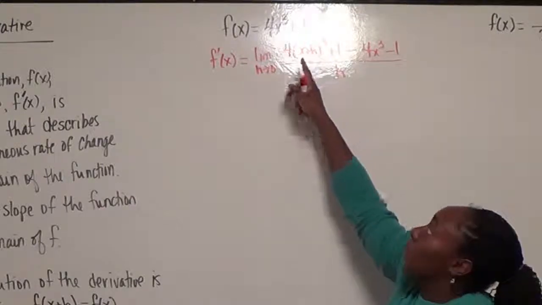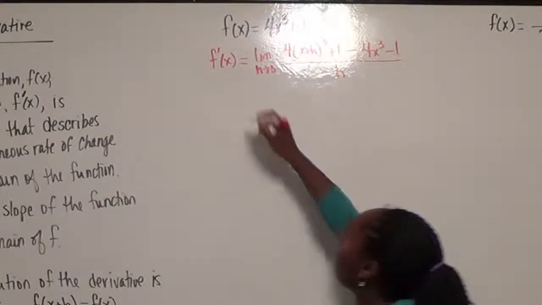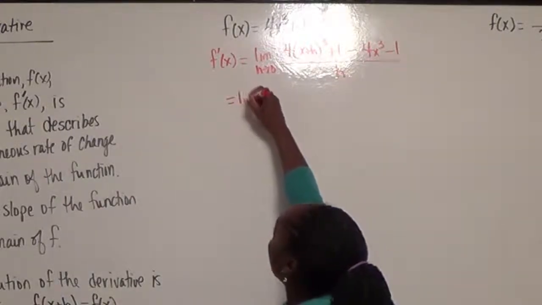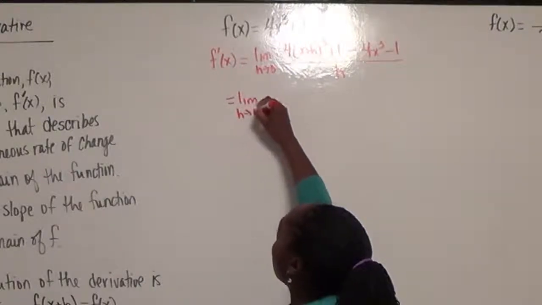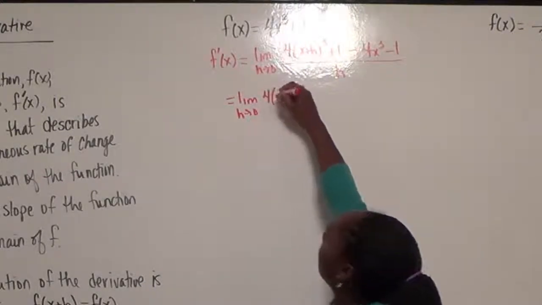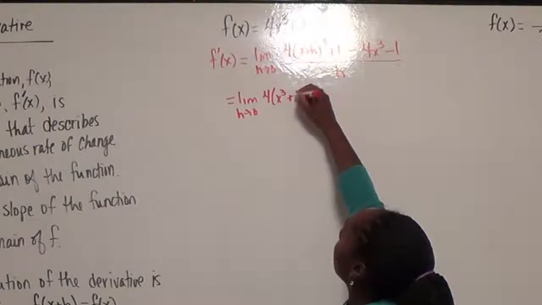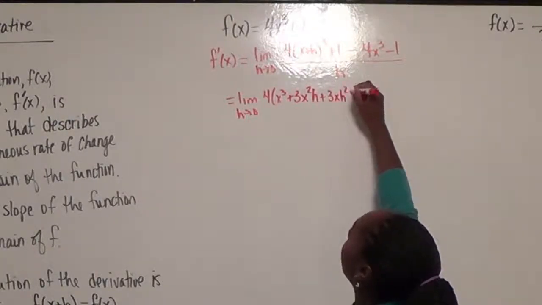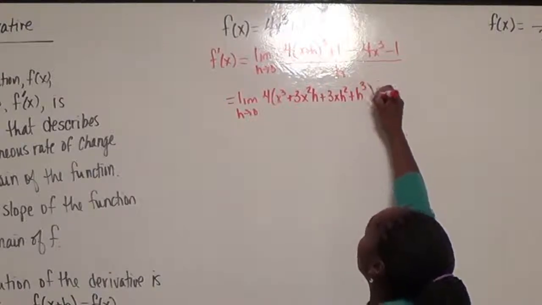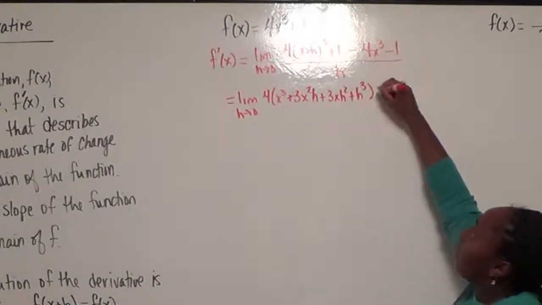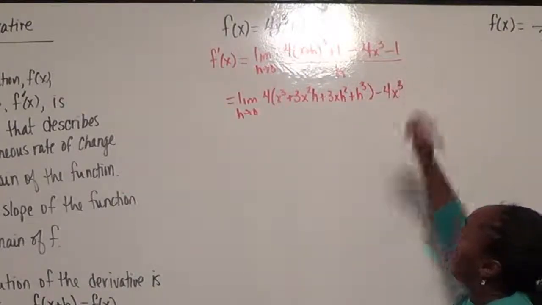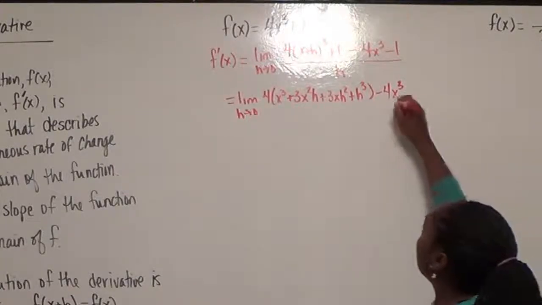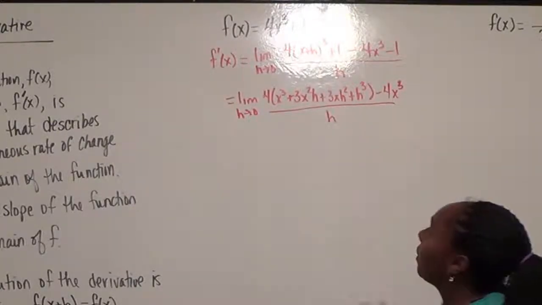So we need to FOIL out that term there. So our limit as h goes to 0, 4 times (x cubed plus 3x squared h plus 3xh squared plus h cubed). Notice our 1's cancel out, and we get a minus 4x cubed all over h.